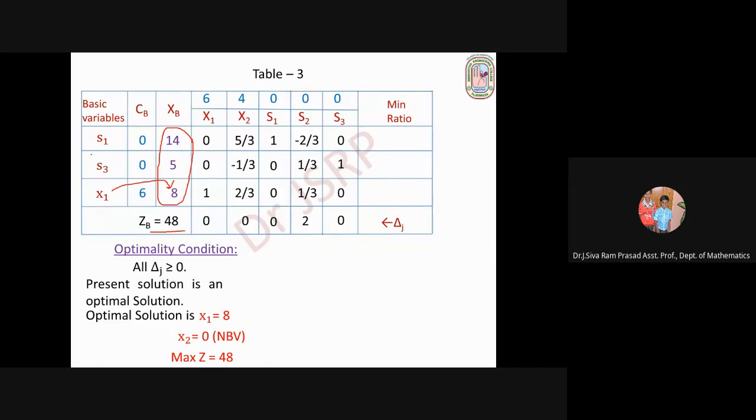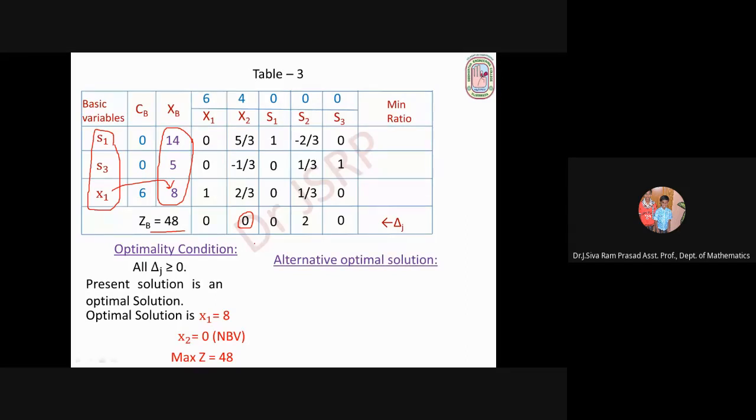First observe what the non-basic variables are. X1 is a basic variable, x2 is a non-basic variable. All other variables are non-basic variables. For x2, delta j is 0. So for the non-basic variable x2, its delta j value is 0. So this problem has multiple optimal solutions.